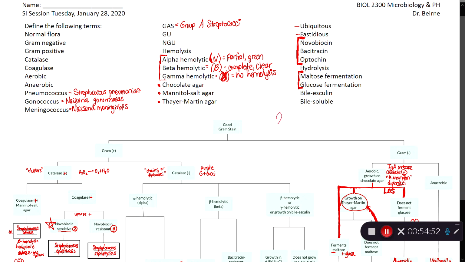So if it talks about an infection involving chronic infections that involve the heart muscle and the heart valves, then that is most likely going to be your group A strep, your strep pyo, okay?